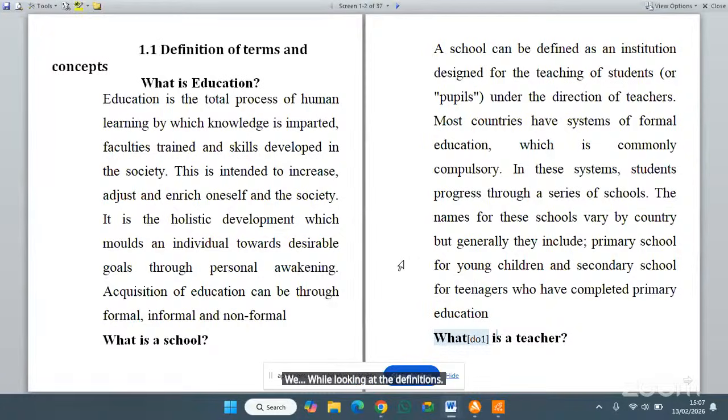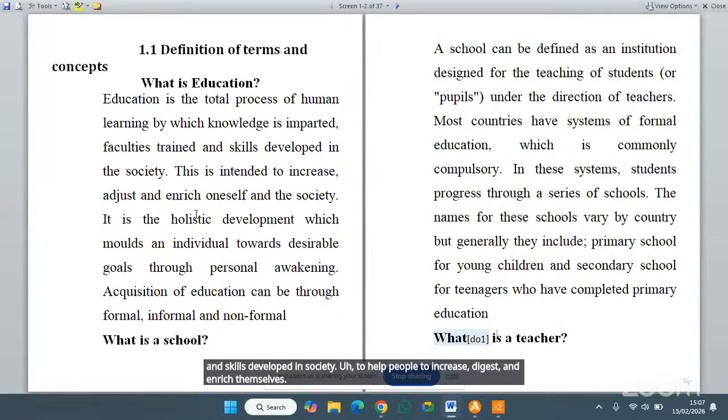We had given a definition of education as a total process of human learning, where knowledge is imparted, faculty is trained, and skills developed in society to help people to increase, adjust, and enrich themselves and their society.